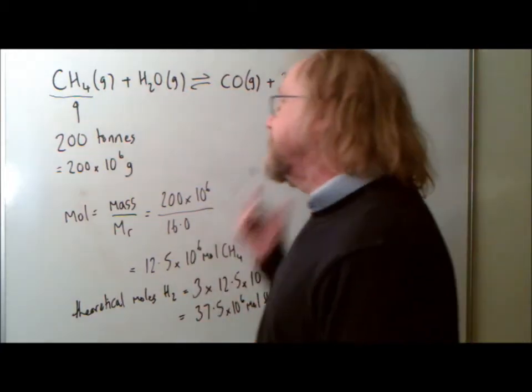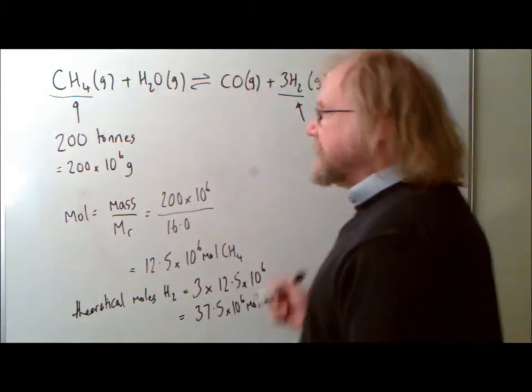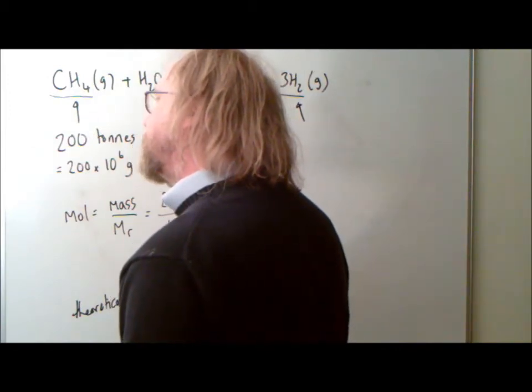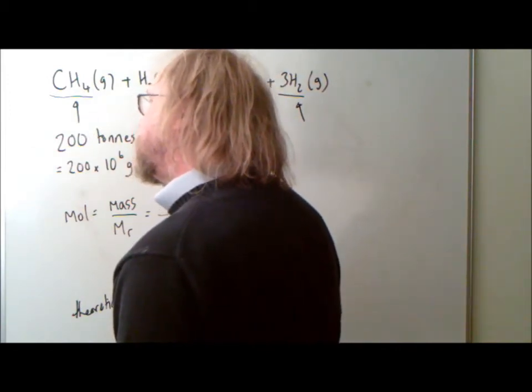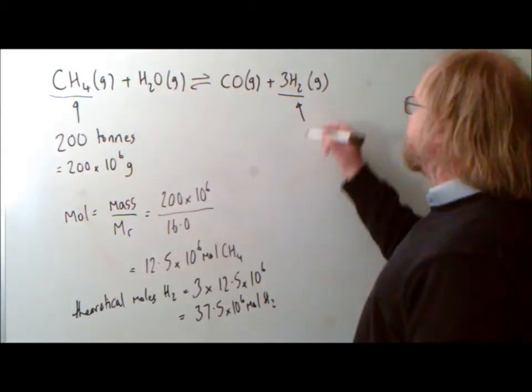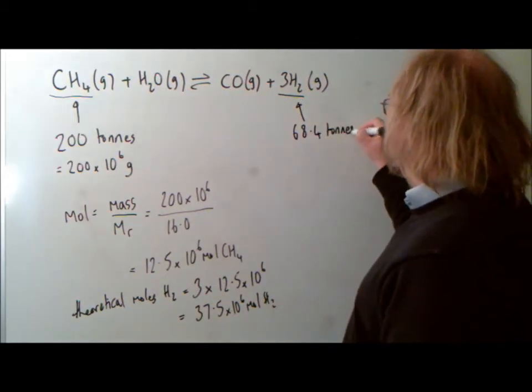But if we calculate the actual moles of hydrogen, it tells us that we had, what's the number? 68.4 tons, yeah, 68.4 tons of hydrogen are actually produced.